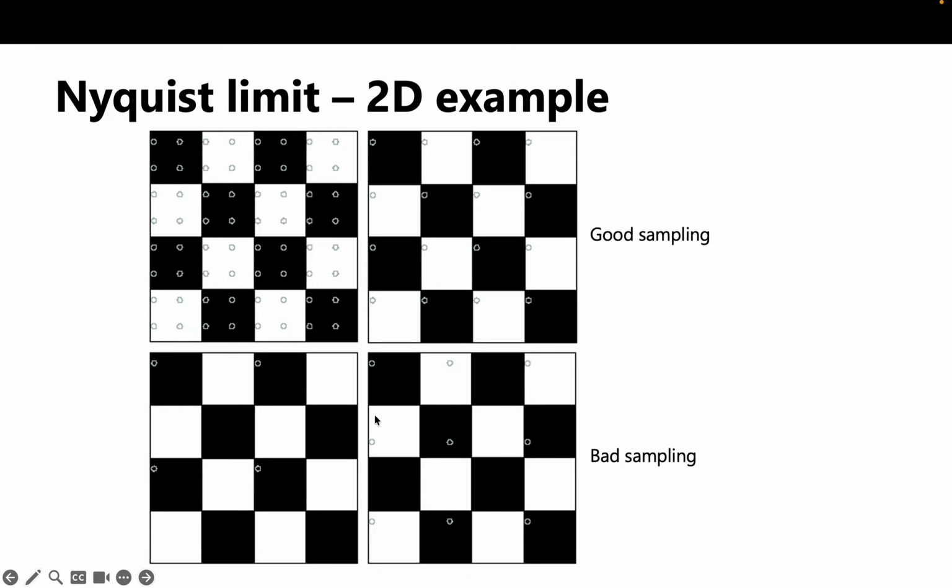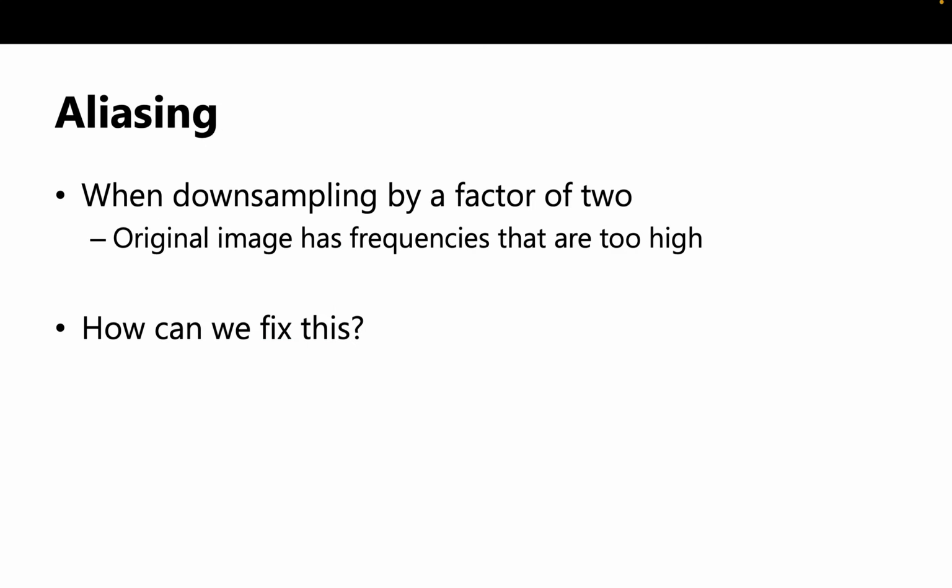So whenever we use this kind of low frequency rate to generate a new image, we lost some important information. That's why the Nyquist limit says you should get more samples, 2 times the maximum frequency of your current image, so that you can generate a better image.